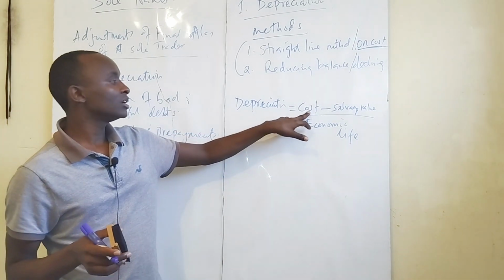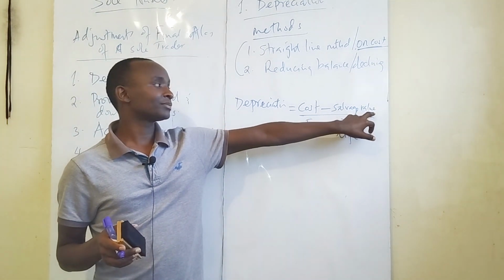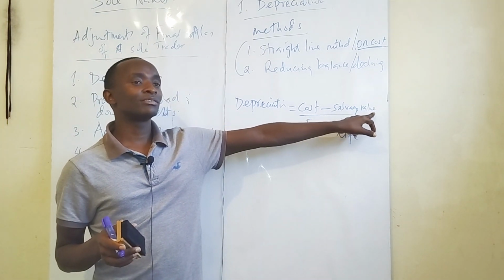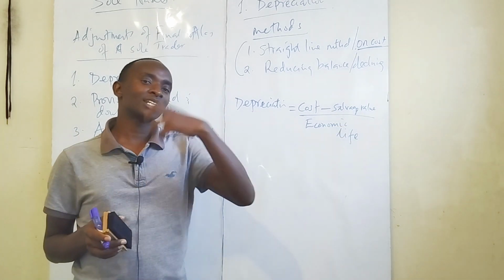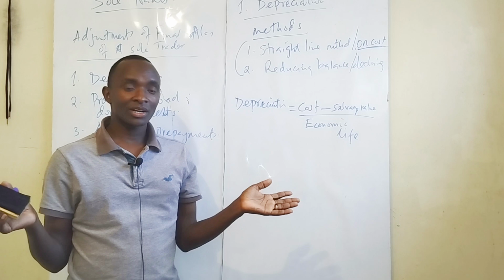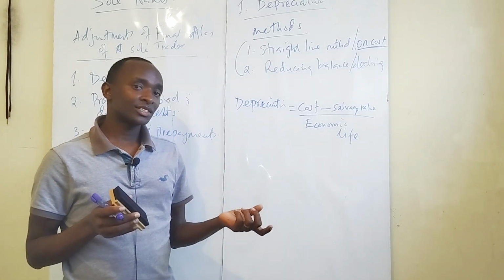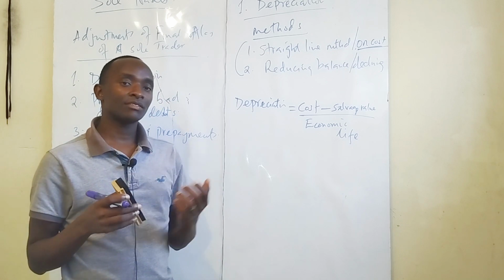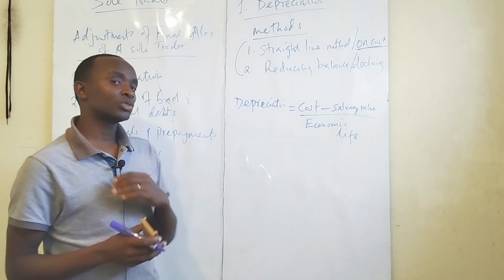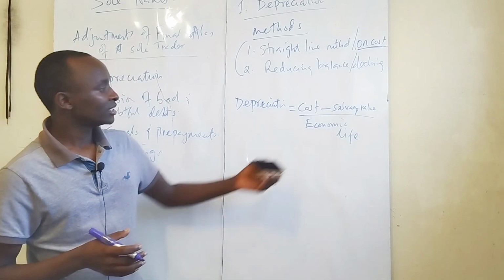It is the cost of the non-current asset minus the salvage value. Salvage value means the value at which you can sell this non-current asset when it has totally worn out, or when you feel the economic life has been reached and you have to sell it. That is the salvage value, the value at which you can sell the asset when the economic life is over.